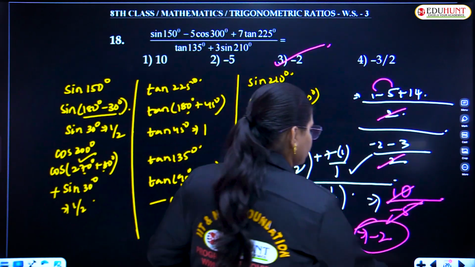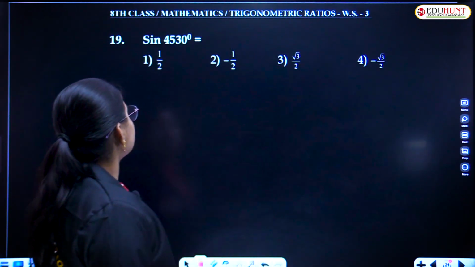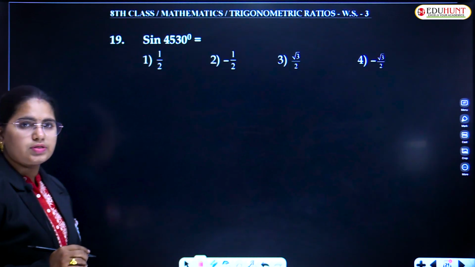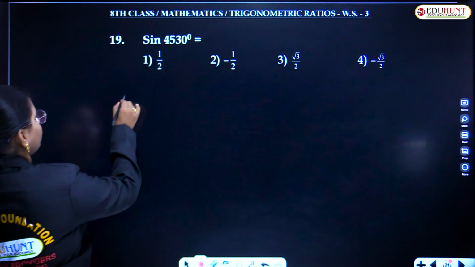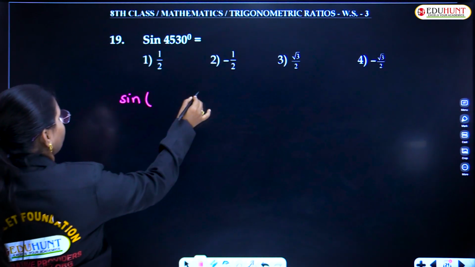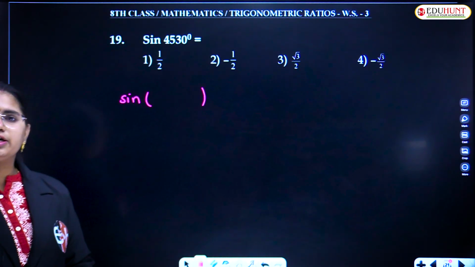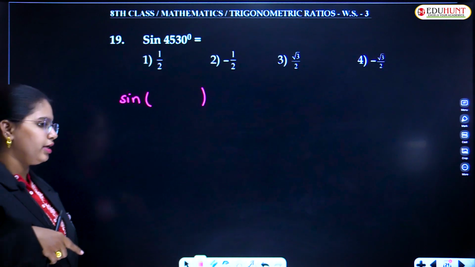Can I get back to the next question? Yeah. So what is my next question? Sine 4530 degree. This is quite a large angle, right? So obviously for 360 degree, how many revolutions should it take?